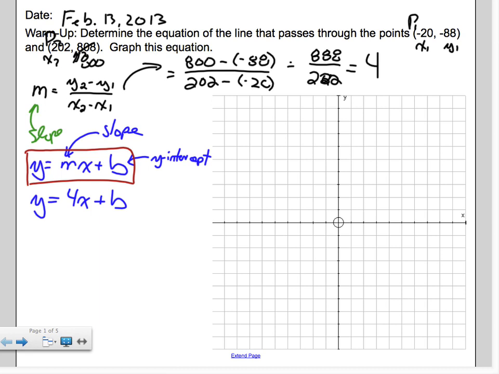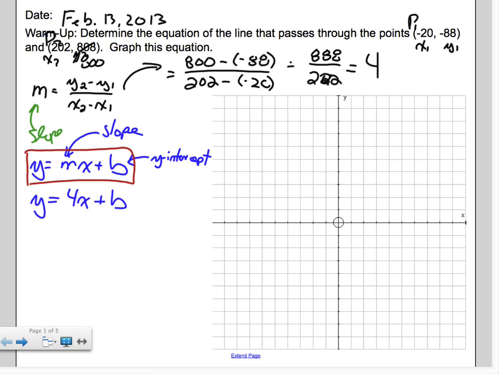You pick one set of coordinates, put it into the equation, and see. We need to plug in one set of coordinates.